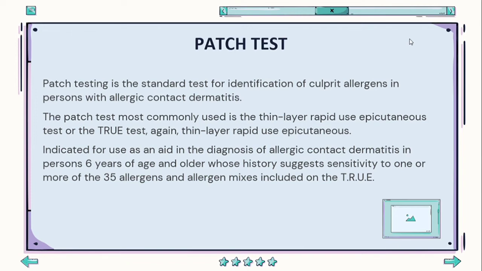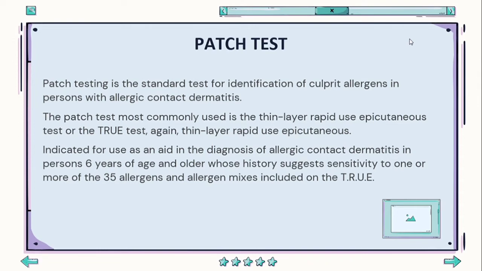The patch test most commonly used is the thin layer rapid use epicutaneous test or the TRUE test. Again, thin layer rapid use epicutaneous. It is indicated for use as an aid in the diagnosis of allergic contact dermatitis in persons 6 years of age and older whose history suggests sensitivity to one or more of the 35 allergens and allergen mixes included on the TRUE test.